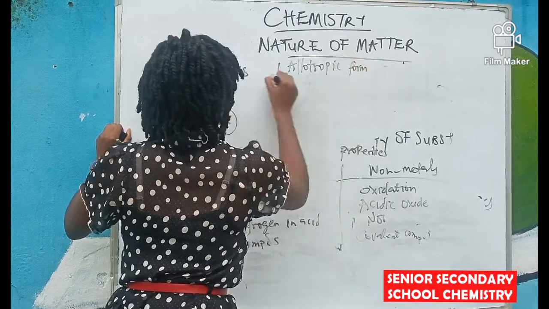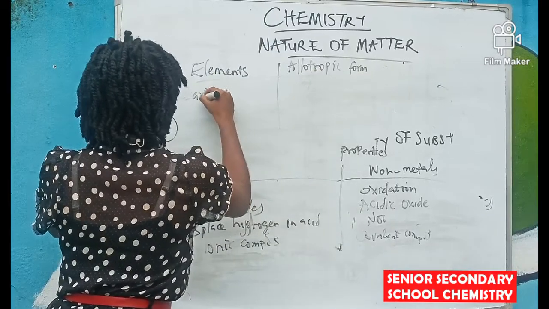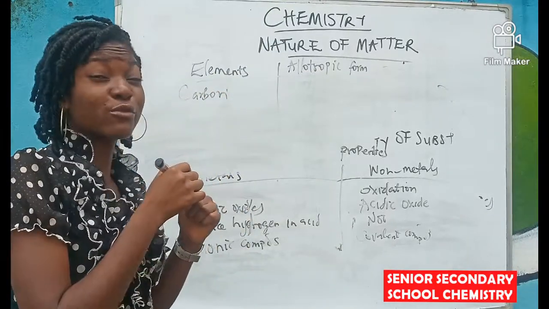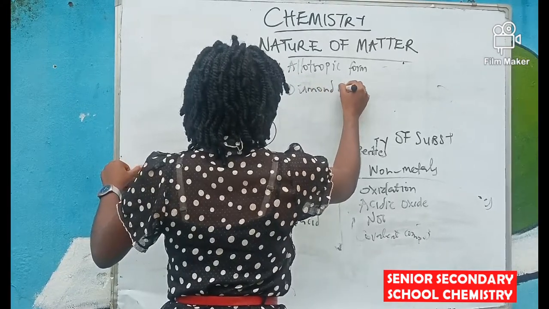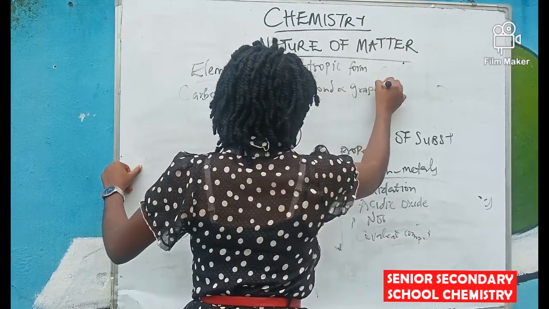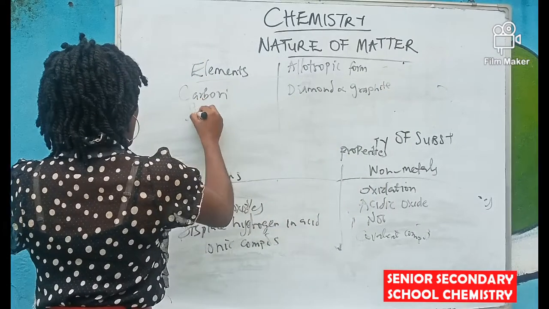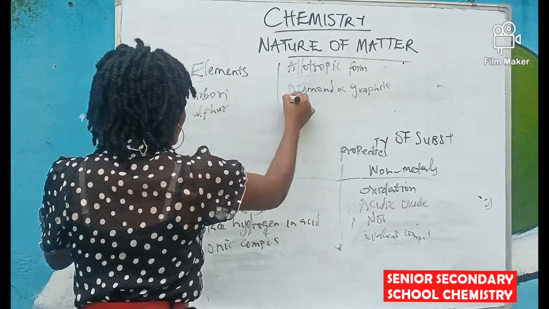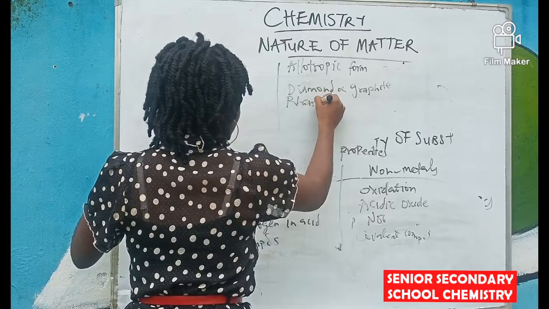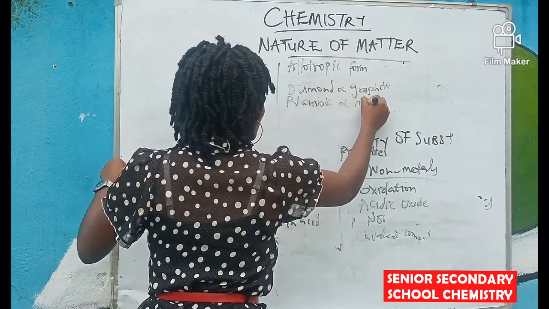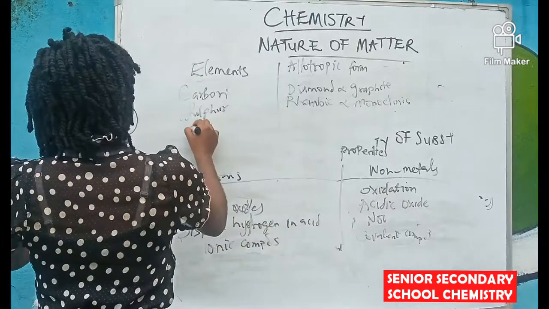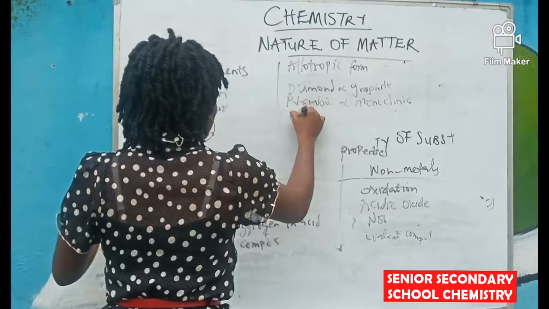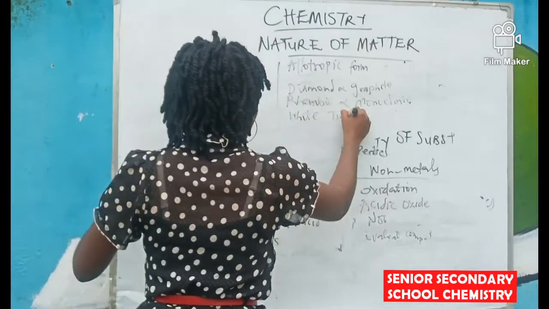So we have elements and their allotropic forms. For carbon, the allotropic forms are diamond and graphite. For sulfur, we have rhombic sulfur and monoclinic sulfur. For tin, we have white tin and red tin.